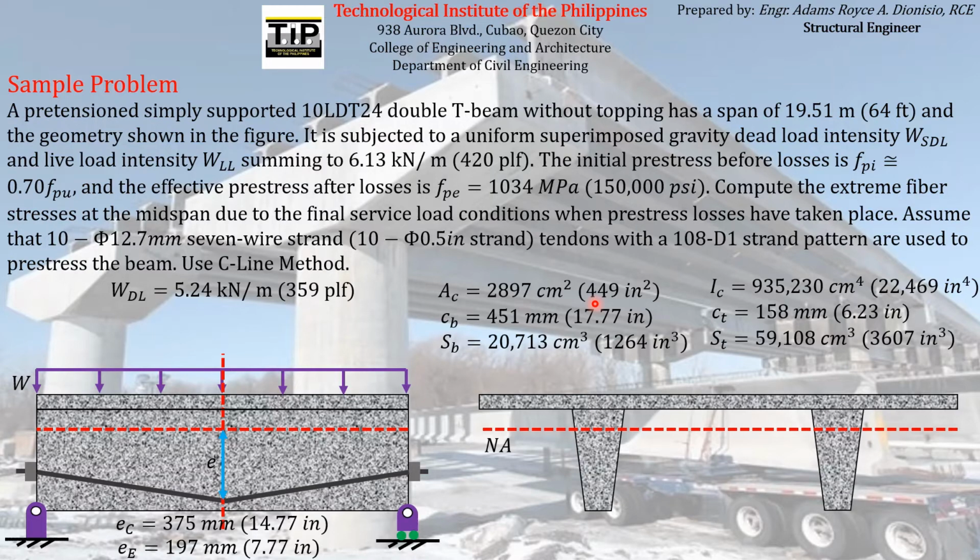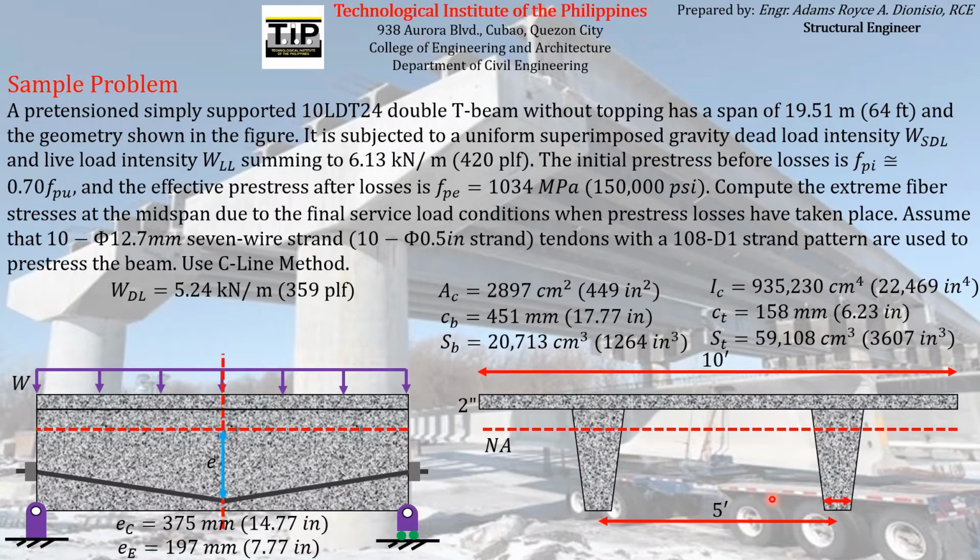Usually, the geometric properties of a cross-section are given in the problem. Although if they are not given, you can compute them using the specified dimensions of the cross-section. In this case, the total width of the flange is given as 10 feet, and the thickness of the flange is 2 inches, and the distance between the webs is equal to 5 feet.